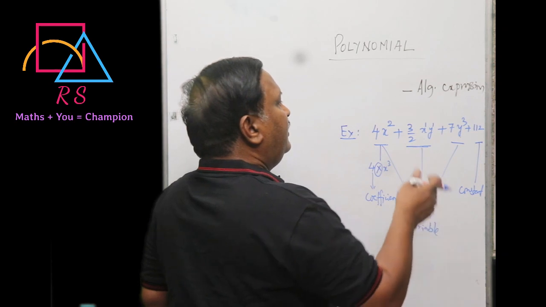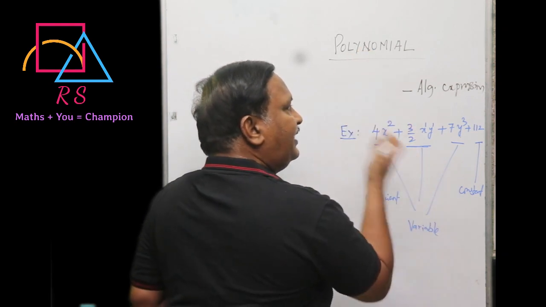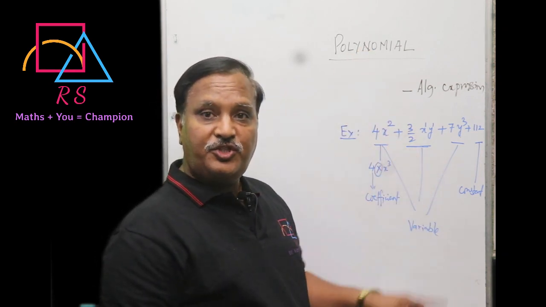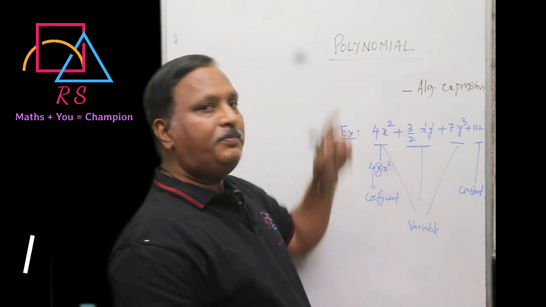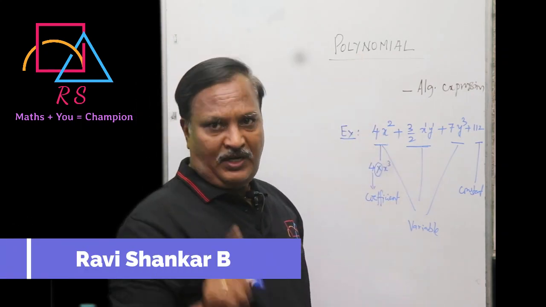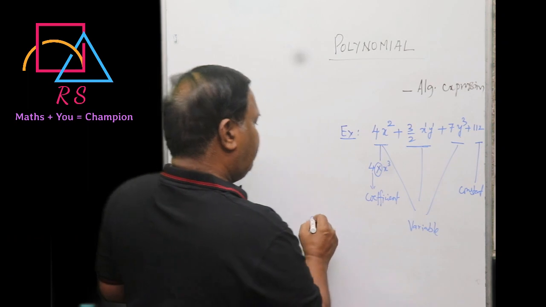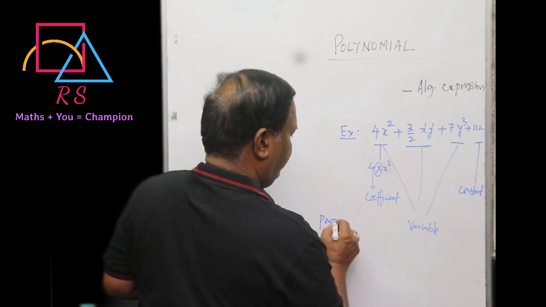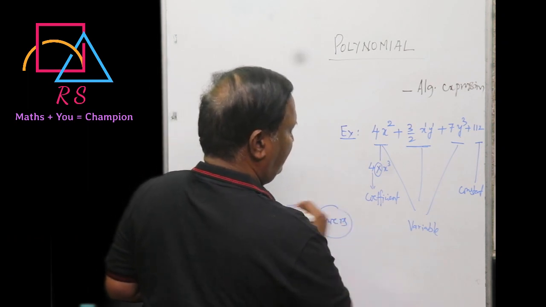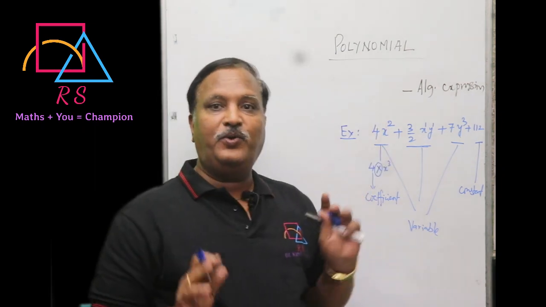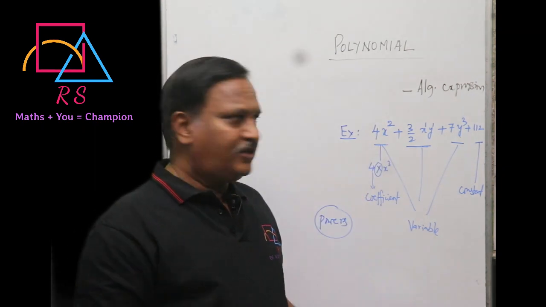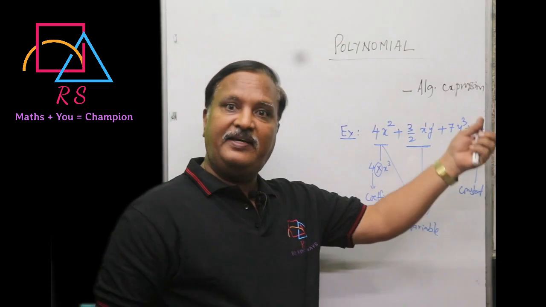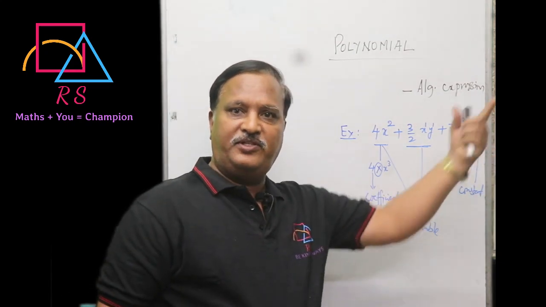Now a polynomial is an algebraic expression. What type of algebraic expression is a polynomial? Only one condition is there. The powers of the variable should be whole numbers. It can be 0 also, because 112 has a variable in it, x to the power of 0.